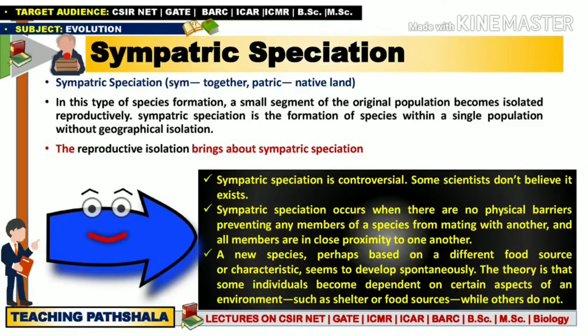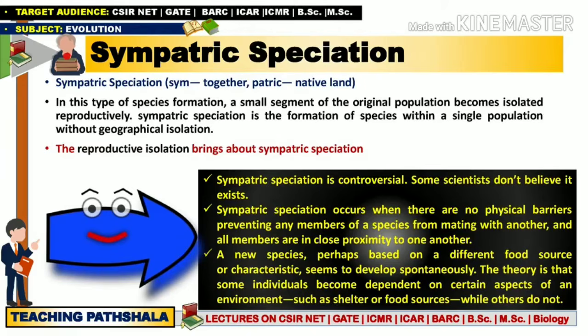Okay, so let's first see what has been mentioned here. In this type of species formation, a small segment of the original population becomes isolated reproductively. Sympatric speciation is the formation of a species within a single population without geographical isolation.